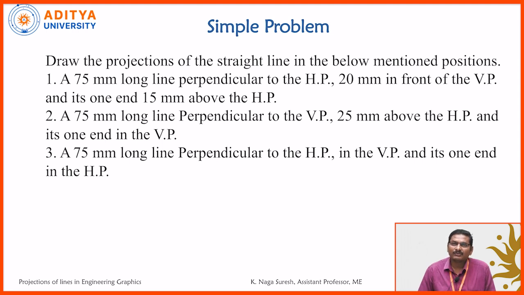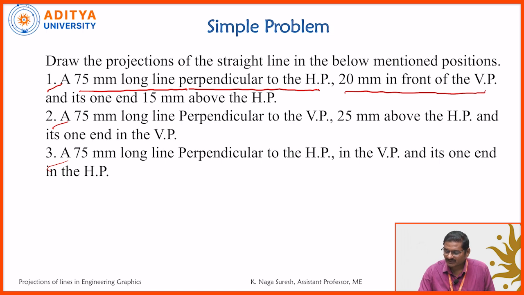Here is a simple problem related to the projections of lines. Draw the projections of the straight lines in the below mentioned positions. Here three conditions are given. First condition is a 75 mm long line perpendicular to HP and 20 mm in front of VP, and its one end 15 mm above the HP.